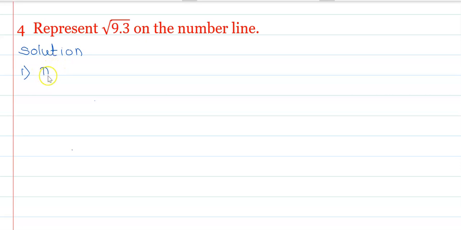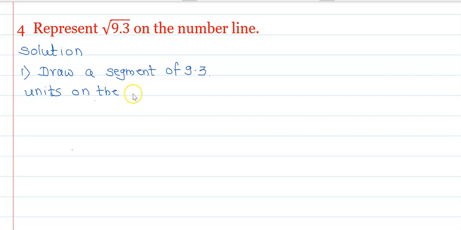Draw a segment of 9.3 units on the number line.